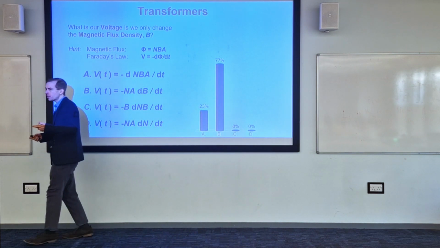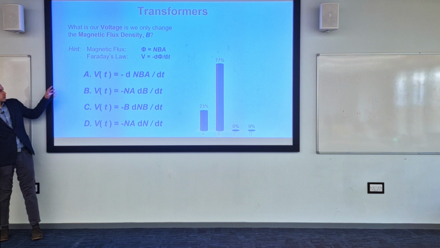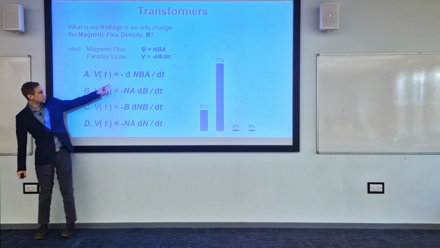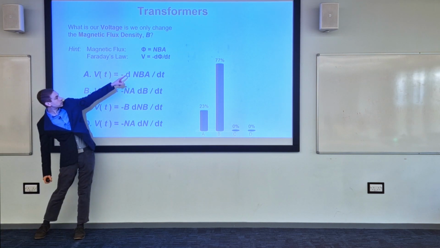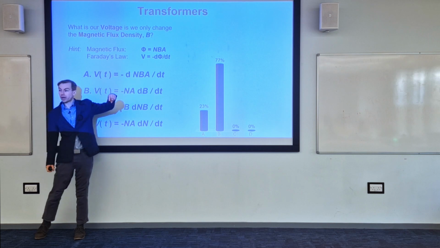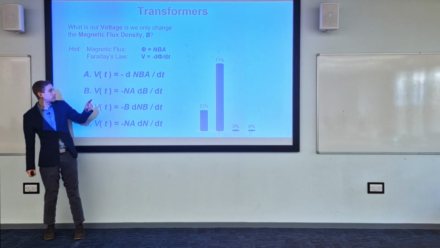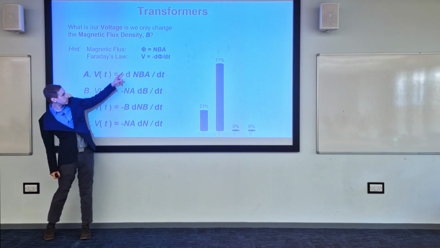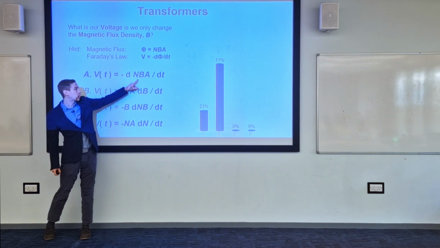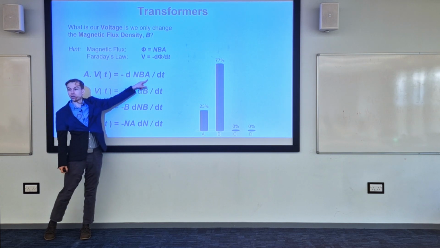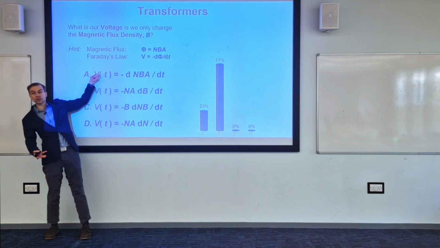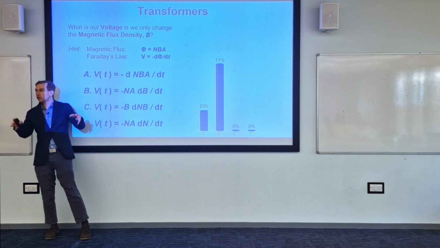Now I can see what you might be thinking about with this option over here, because it's the change in magnetic flux, and the flux is the NBA. But in the transformer, we're keeping the N constant, and we're keeping the A constant. So if you've done some calculus before, we can just pull them out the front of the derivative because they're not changing.